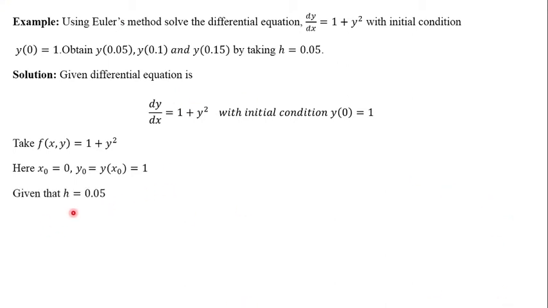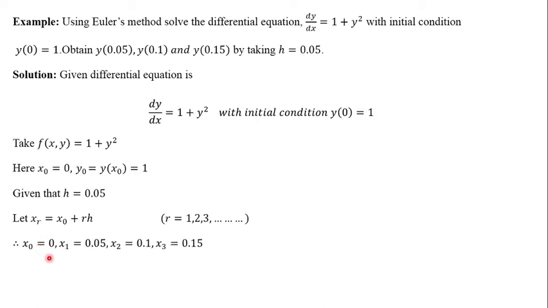Then h is also given, 0.05. And your xr is x0 plus rh, r equal to 1, 2, 3. So your x0 is 0, then 0 plus h is your x1, so 0 plus 0.05 will be your x1, then x2 is 0.1 and x3 is 0.15.